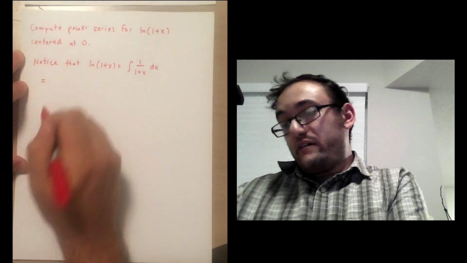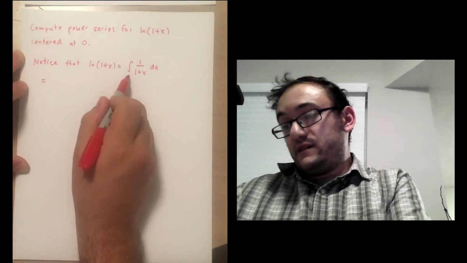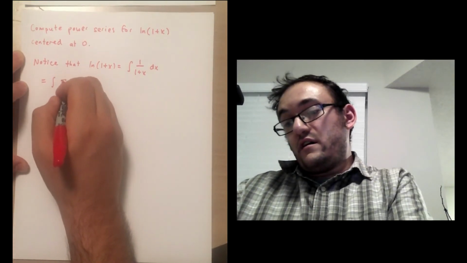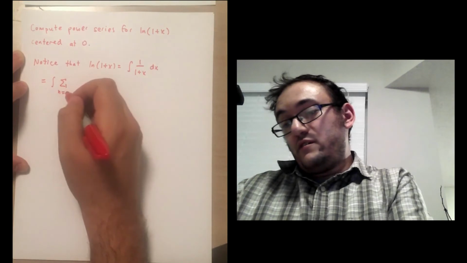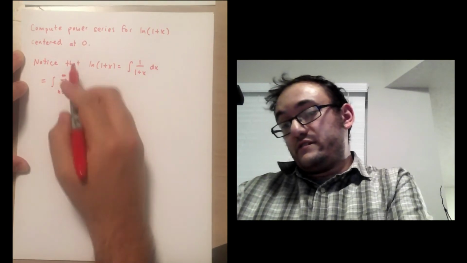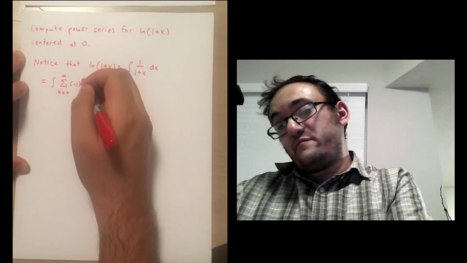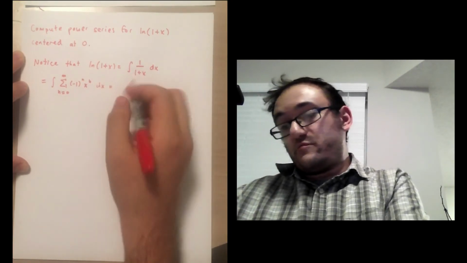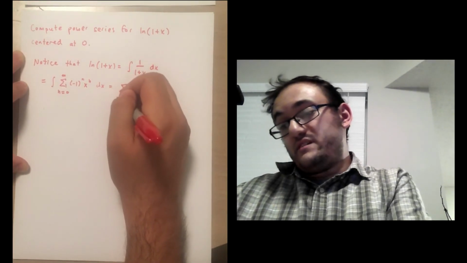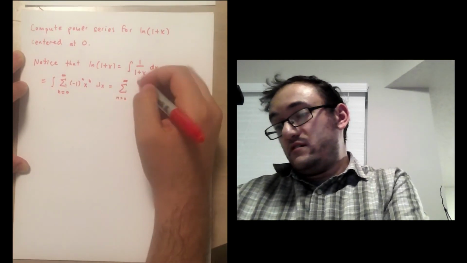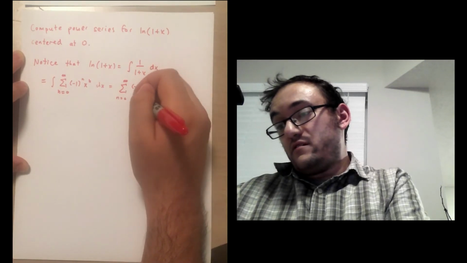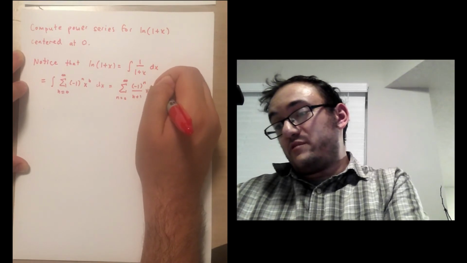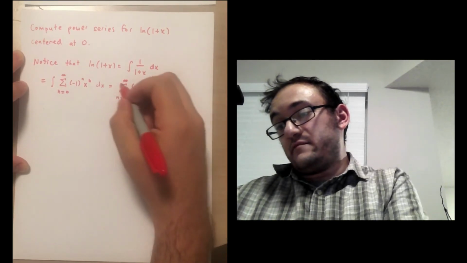So again, we know how to take the integral of a series. This is the integral of the sum from n equals 0 to infinity of, for this series, minus x is the ratio, so we have minus 1 to the n times x to the n dx, and we integrate term by term to obtain the sum from n equals 0 to infinity of (minus 1 to the n) divided by (n plus 1) times x to the n plus 1, plus c.